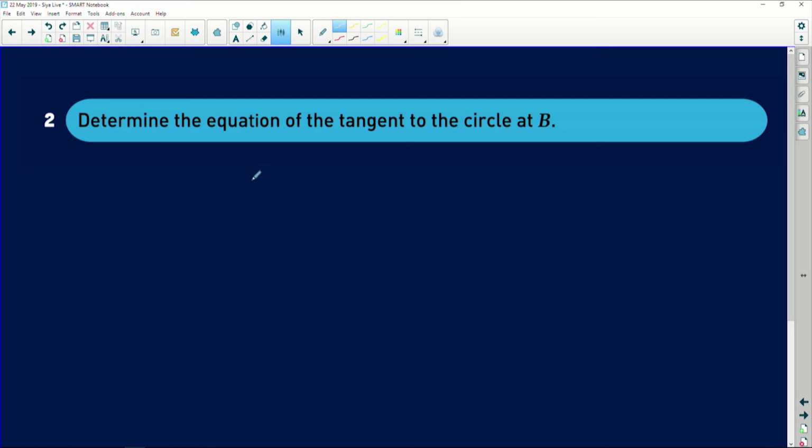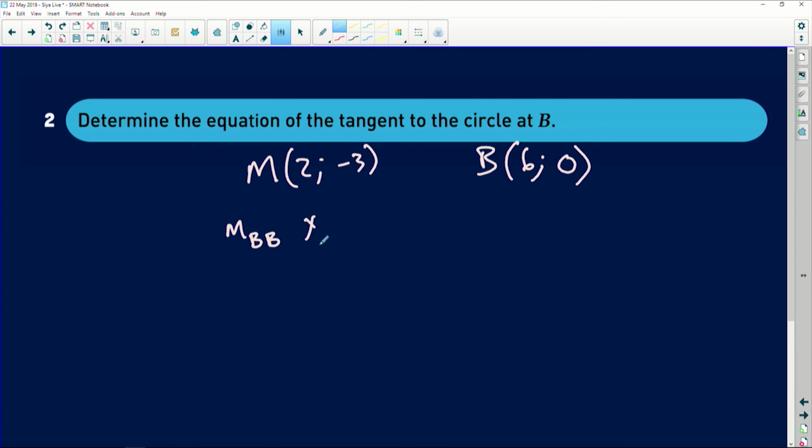Now I know that my center, which was given to me, was (2; −3), and then I know that I have B, which is (6; 0). Therefore the gradient of MB, not BB but MB, multiplied by the gradient of the tangent will be equal to negative 1.